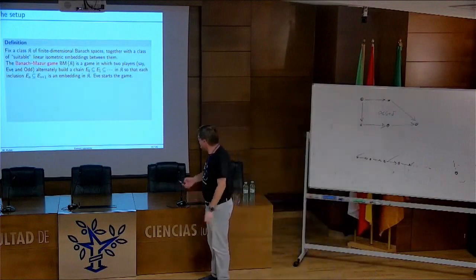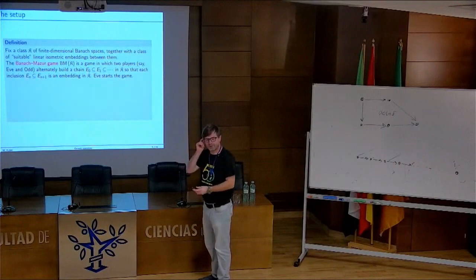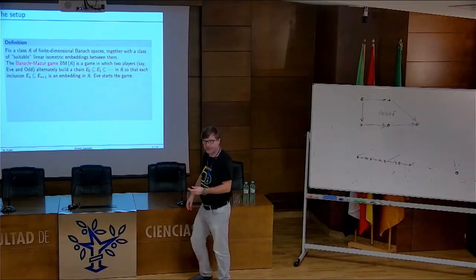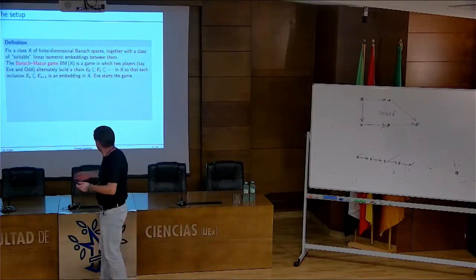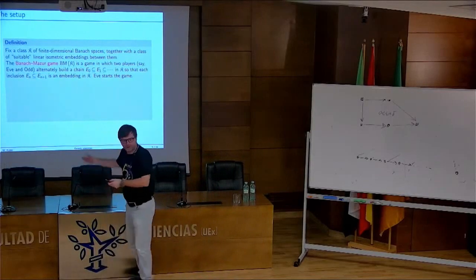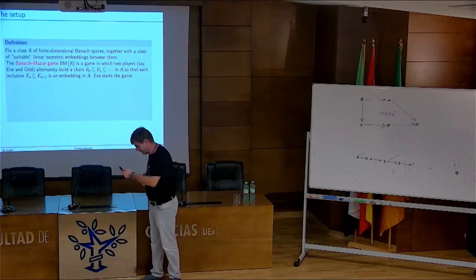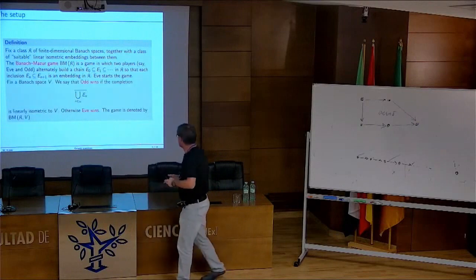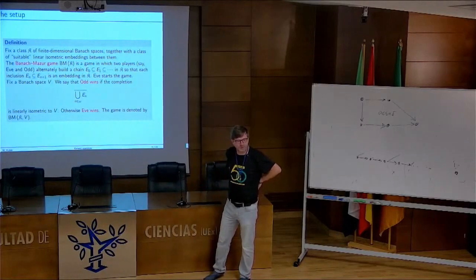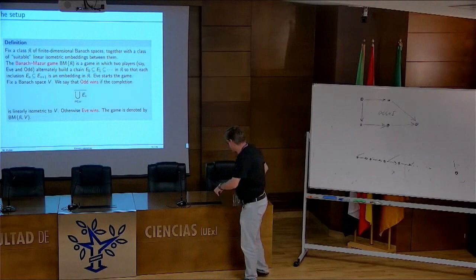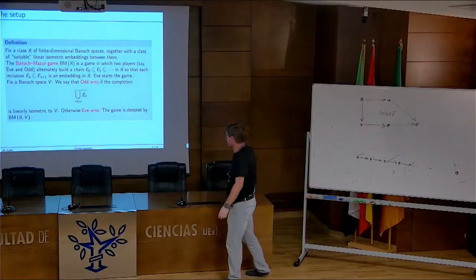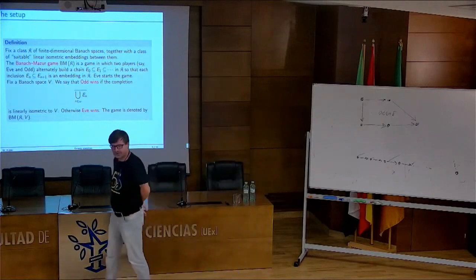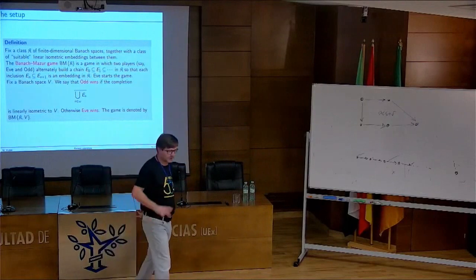And they are obliged to play in this fixed category K. Now, up to this point the game is just for fun. We need to say who wins. So the second player wins if the completion of this sequence chain is linearly isometric.